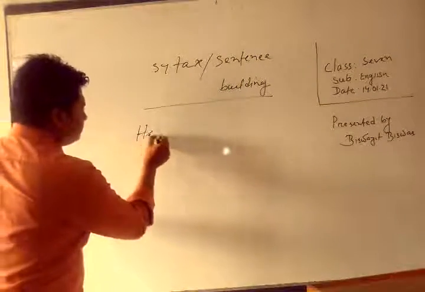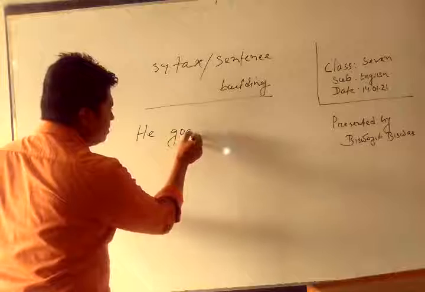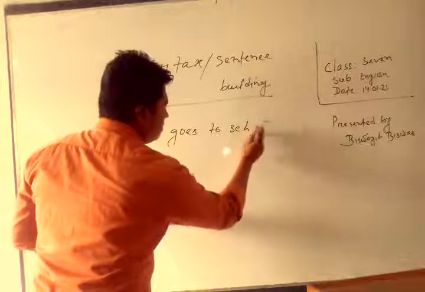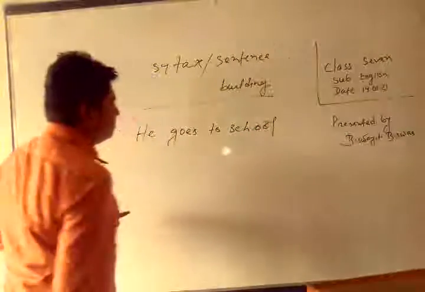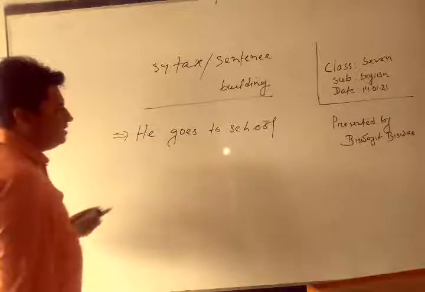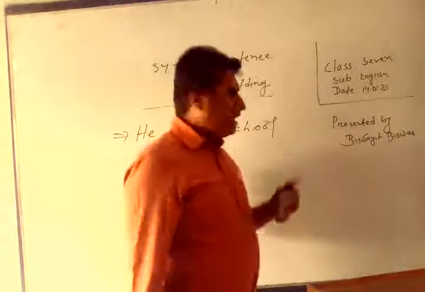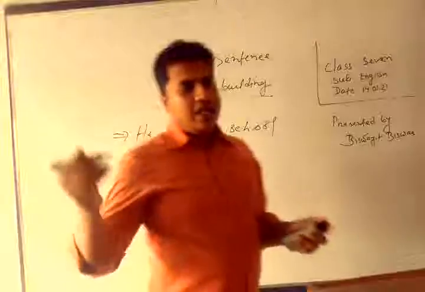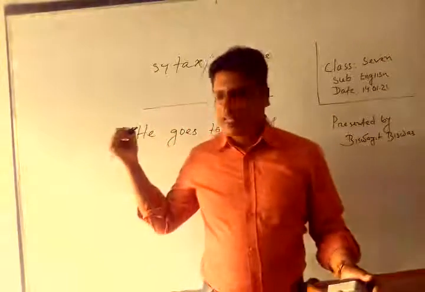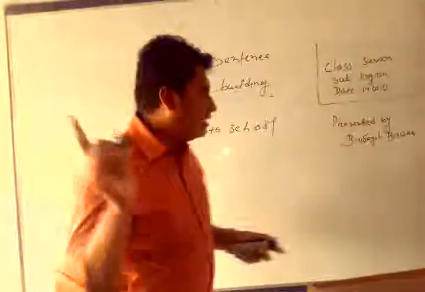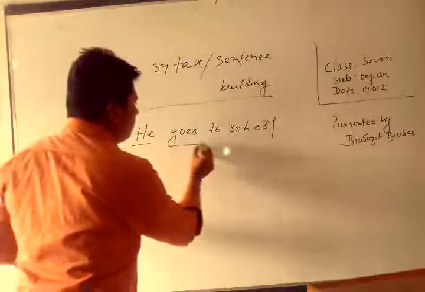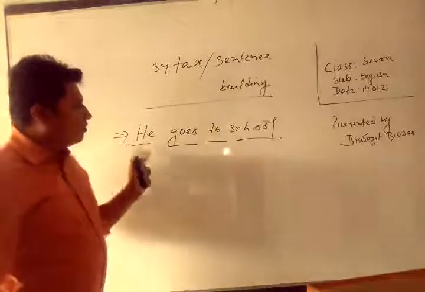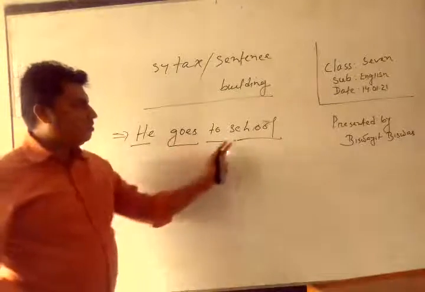Suppose, he goes to school. He goes to school. This is a simple sentence. Here are some words. He goes to school. We can see that there are four words.